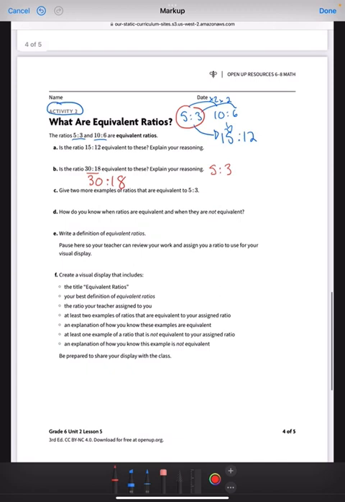And then they want you to give 2 more examples of equivalent ratios that are not shown above from 5 to 3. You get to make them. And then last, I would like you to try to write your own definition of an equivalent ratio. I'll start it. Equivalent ratios are... Now you try by yourself.